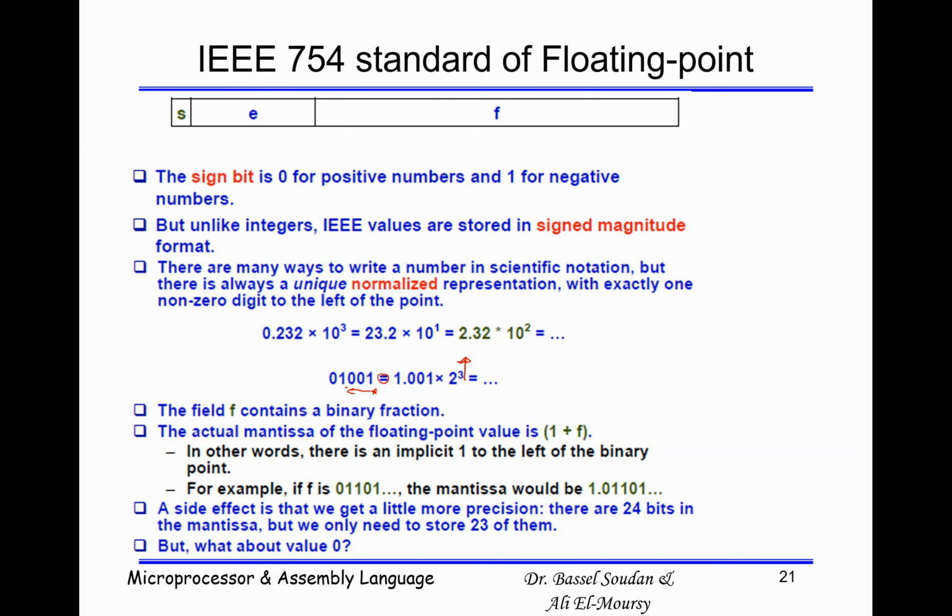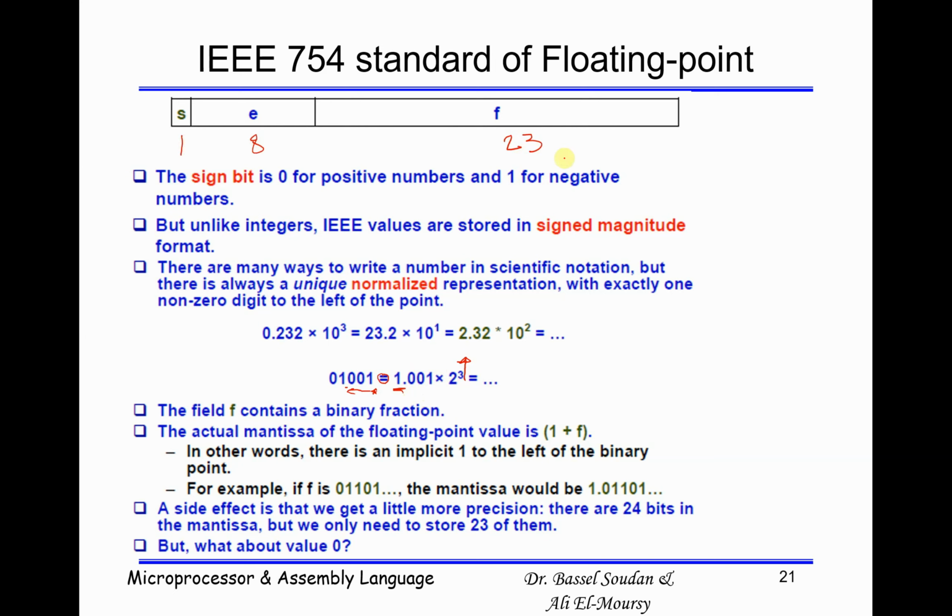Now I will not store this leading 1 in the floating point. I will omit it. Why? To save myself 1 bit, because for single precision I have 23 bits for the fractional mantissa, 8 bits for the exponent, and 1 bit for the sign.